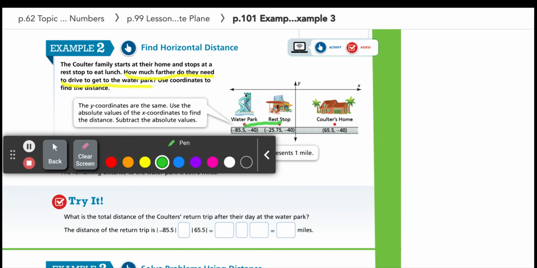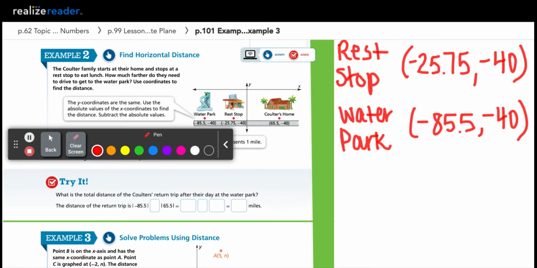So let's start by rewriting the coordinates for both the rest stop and the water park in your notebook. So the rest stop is at -25 and 75/100ths, -40, and the water park is at -85 and 5/10ths, -40.